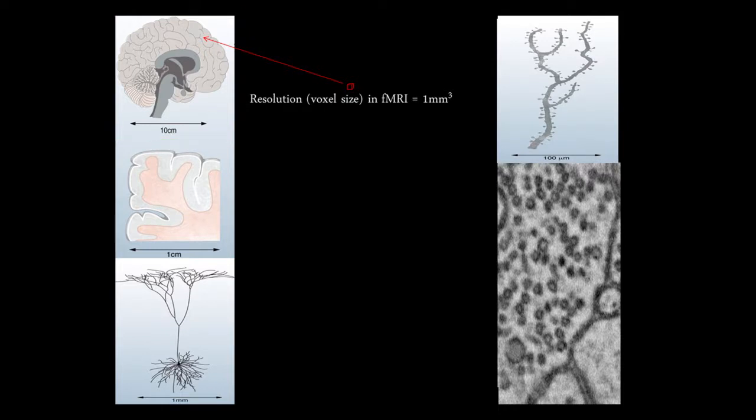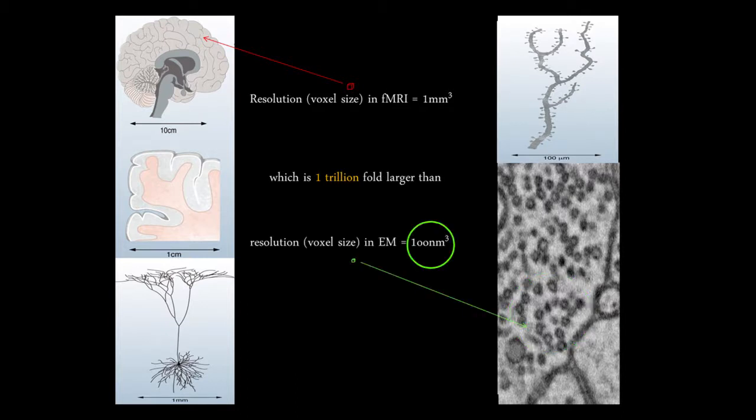If you image brains at the resolution to see synaptic vesicles, which is where the information is passing from one cell to another, you're doing that at a resolution of 100 cubic nanometers, and that means one voxel of this image is 1 trillion times smaller than one voxel of that image.